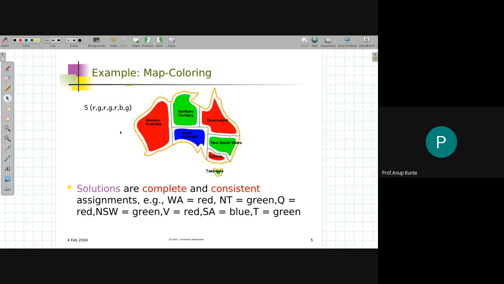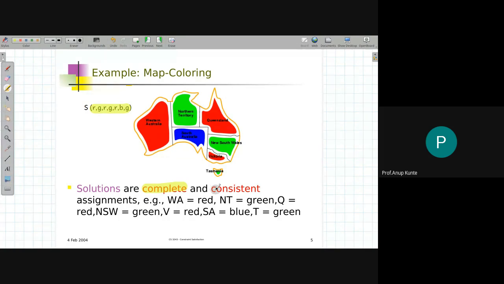Now this particular assignment is referred to as a complete assignment because all 7 variables are instantiated. This assignment of values to the state variables is complete because every variable that defines the state is instantiated.